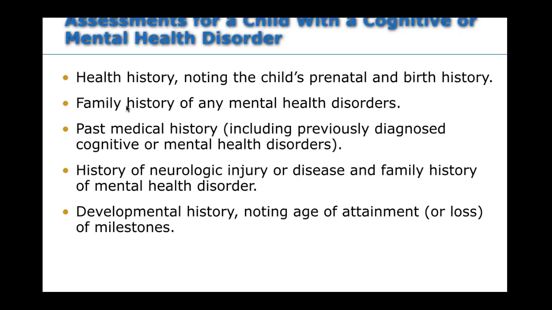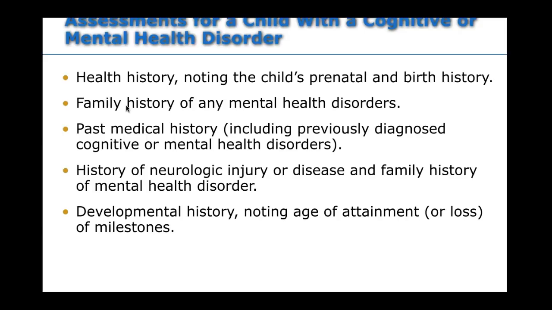Family history, bipolar, schizophrenia, ask about those type of disorders. Any past medical history, because again, a child's physical health can affect how they behave. Any neurological injury. Kids with head injuries, sometimes they have some behavior issues post-injury, so ask about any type of head injury or anything like that.